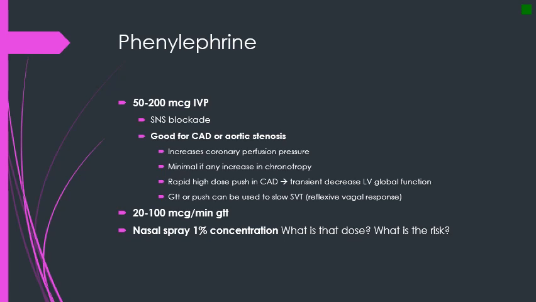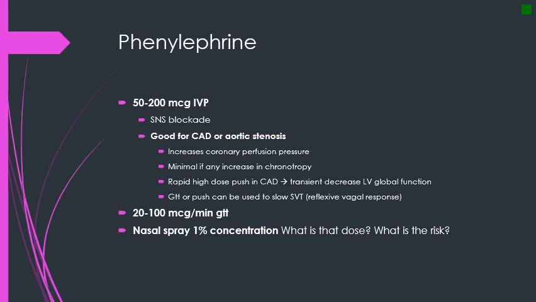You can give it, and they will actually decrease their heart rate, and they may even convert out of it. It's not the first drug of choice for treating SVT, but it is if you're in the OR and the patient pops into an SVT and they become hypotensive. You can give phenylephrine and see if you can't slow it down. If you're running a drip, it's usually 20 to 100 mics a minute.